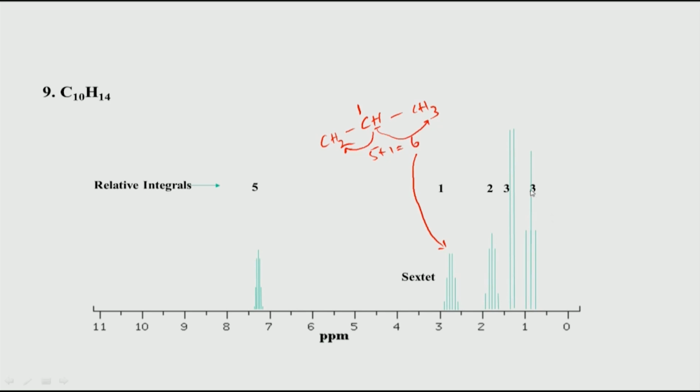Only if a methyl is attached to a CH2 do you expect the methyl to be a triplet. So, this could probably be a CH3 attached to a CH2. If that is so, this will give 2 plus 1 equal to 3 peaks, and this particular hydrogen is coupled to 3, so 3 plus 1, this will be a quartet, and this will be a triplet.